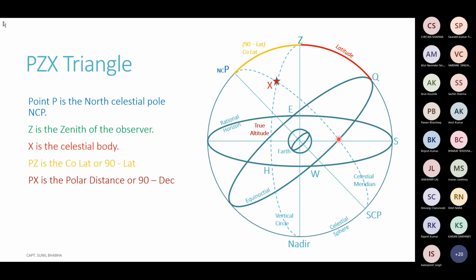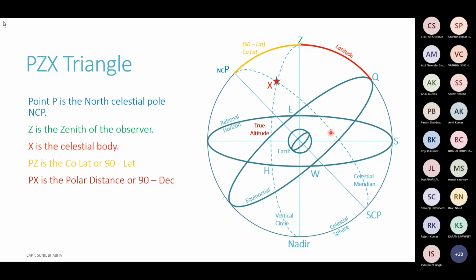I told you declination basically tells us how much north or south of the equinoctial a particular body is. So if you look at this arc, it represents the declination of the celestial body. It tells us how much north of the equinoctial our celestial body is.